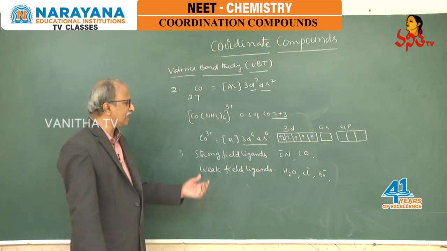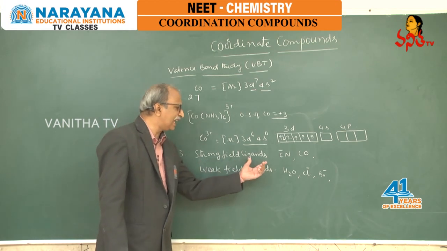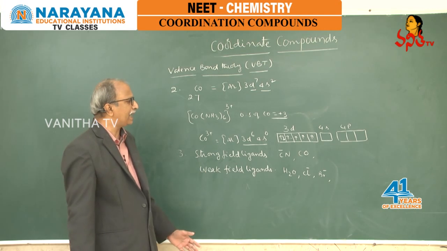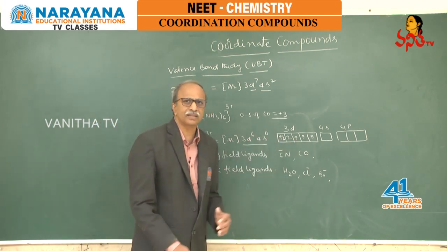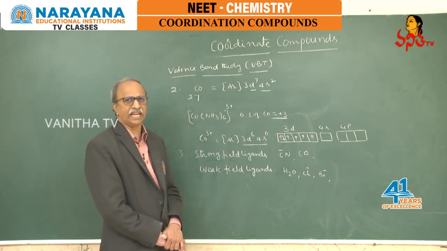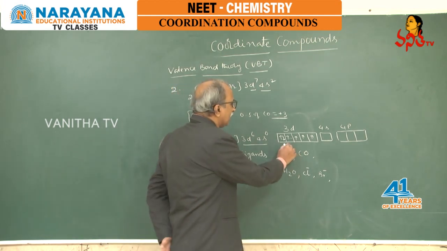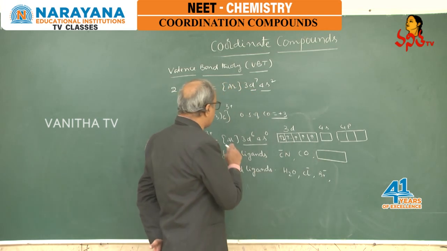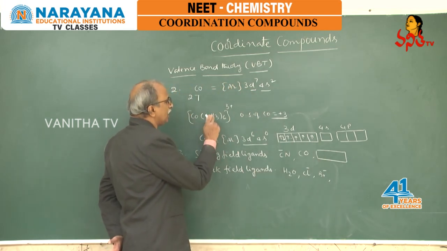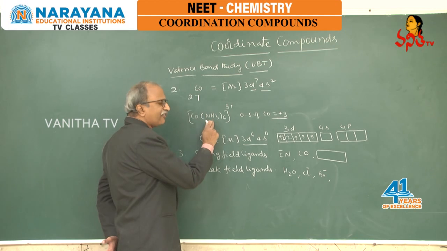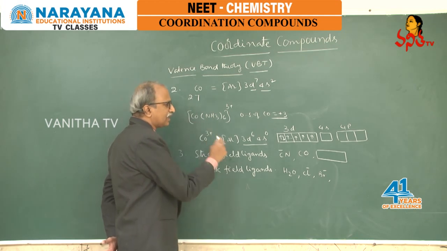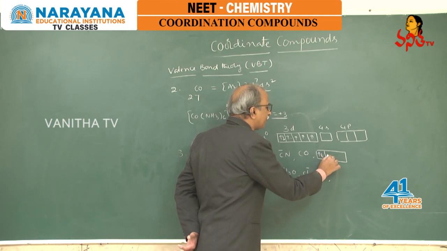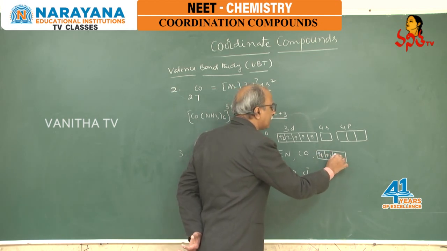So whenever strong field ligands are there, since their influence is more, the d orbital electrons are paired up and rearranged. That means the 3d6 can be written as in this case where NH3 is a strong field ligand for cobalt plus 3, and the electrons are paired up in 3 orbitals.